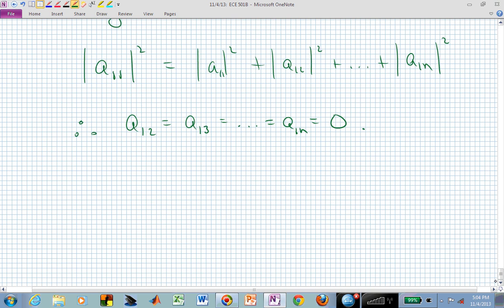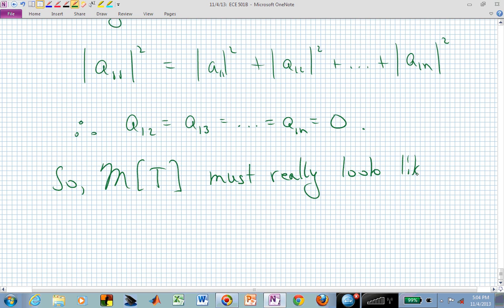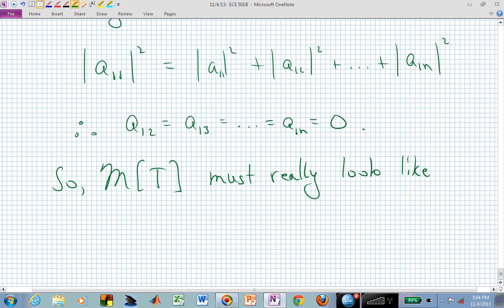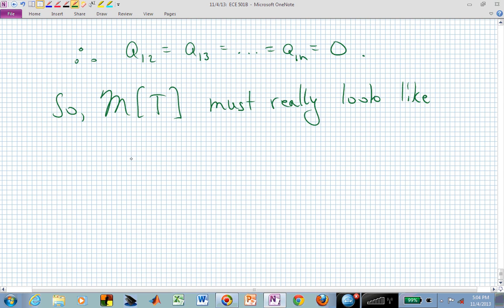If we now incorporate that fact into the matrix representation of T, we know that that upper triangular matrix has a little bit more structure to it. Now the top row is all 0 except the first entry.